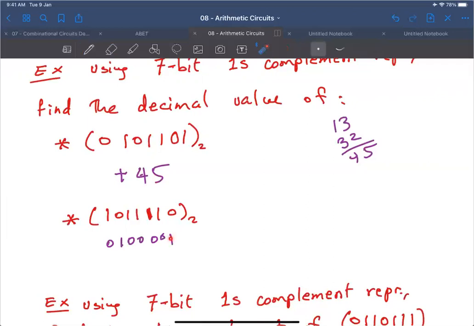It's going to be 1 plus 32, which is 33. However, the sign of this number is negative, so this is minus 33. This number is negative 33, but this number is positive 33. You get that? Any question?